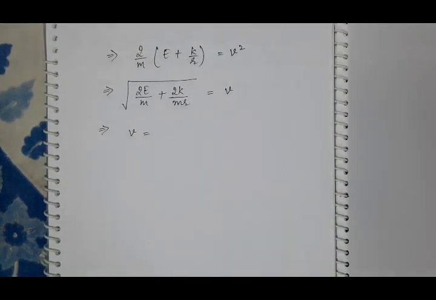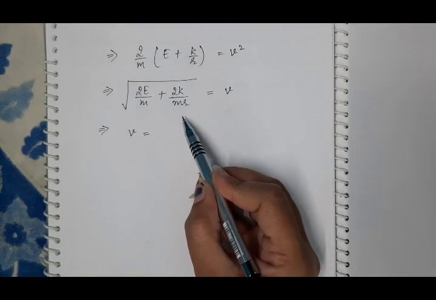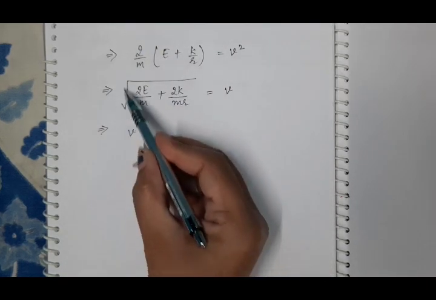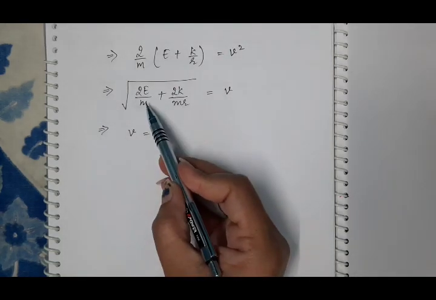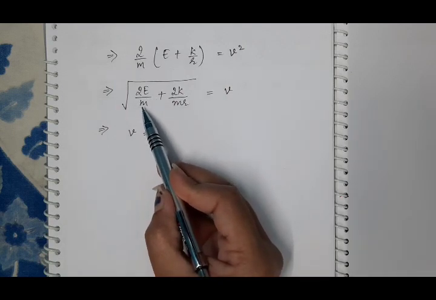Read the statement again, that is what we have to prove, and the expression which we have to prove has this term 2k by mr. So now we are not simplifying this term. We have the square root. The only difference in the final expression of v and in this expression is the value of 2e by m.